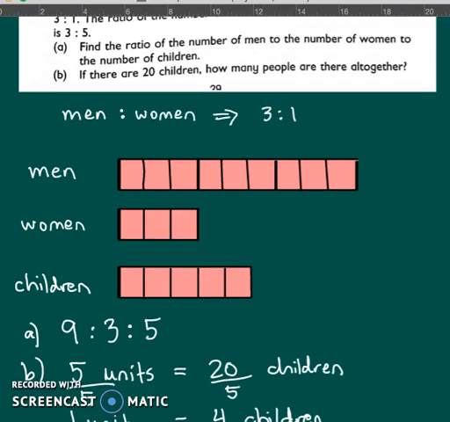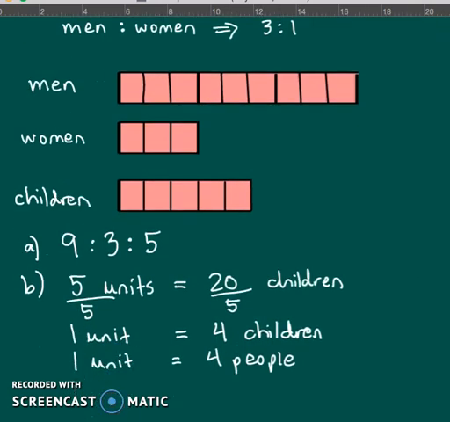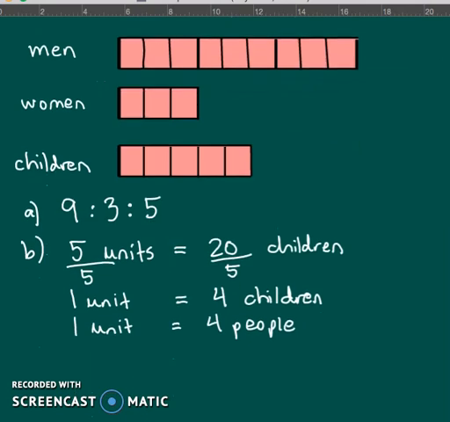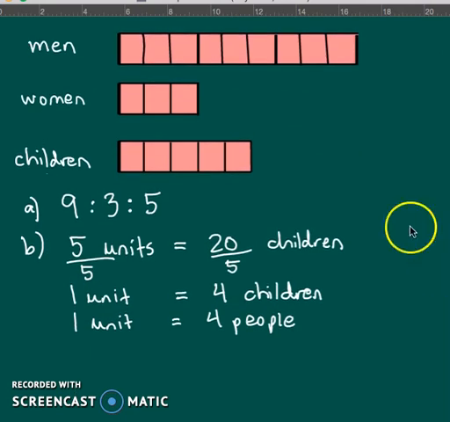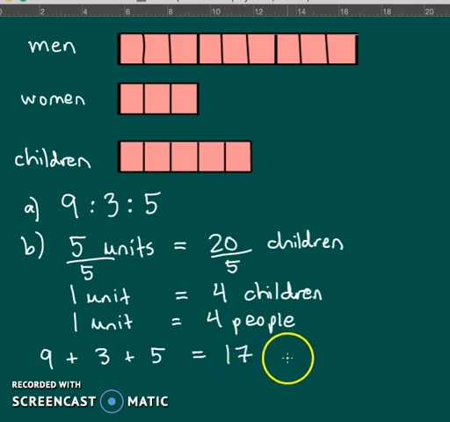The question asked, how many people are there altogether? So we found out that one of these small units represented 4 people, and now we have to count how many of the small units there are altogether. Well, there are 9 representing men, there are 3 representing women, and 5 representing children. 9 plus 3 plus 5 is 17.